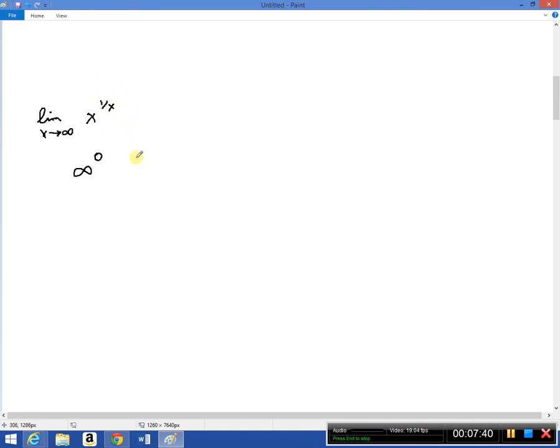And so the technique that we use is we say let y equal x to the 1 over x. And then we hit both sides with the natural log. So we get natural log of x to the 1 over x, which we can then rewrite according to the laws of exponents, because that exponent plays well with the log.